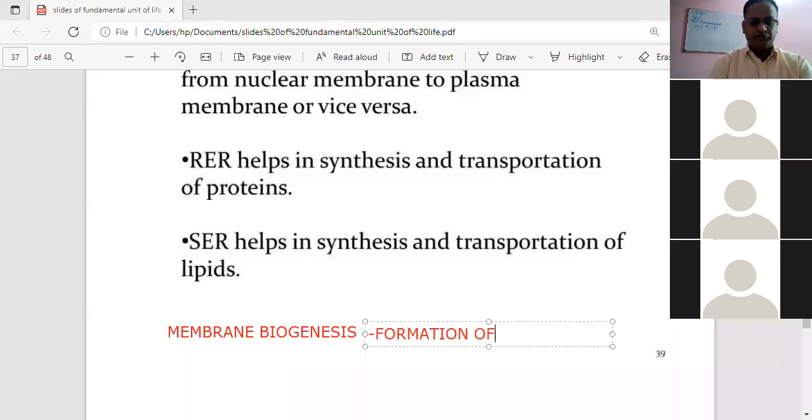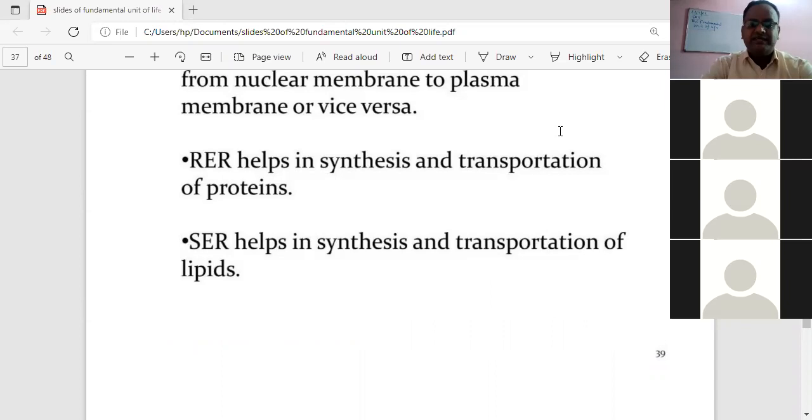This part is very important: formation of the cell membrane. This process is called membrane biogenesis. Remember, students, this is very, very significant and important, the term membrane biogenesis.